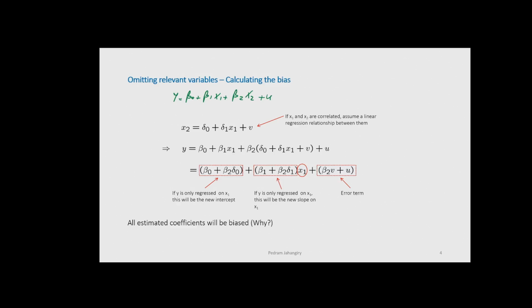However, let's drop x2. But this x2 was relevant and was related to x1, so we can rewrite x2 like this. If I regress x2 on x1, I can write x2 is equal to delta 0 plus delta 1 x1 plus nu.